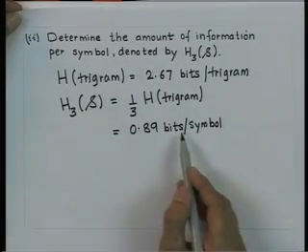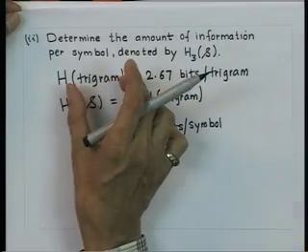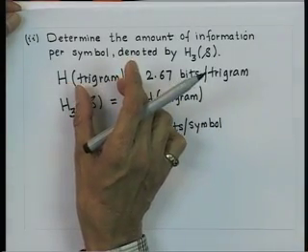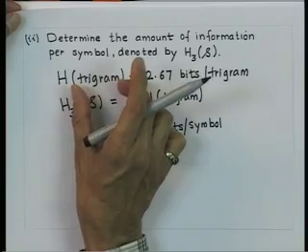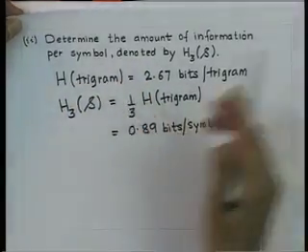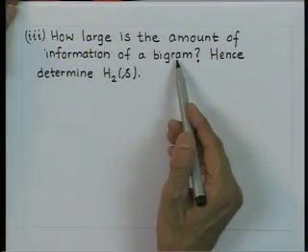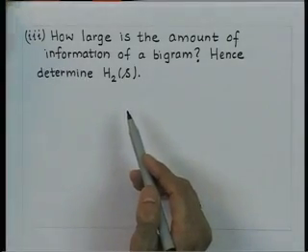Now, if I were to reduce these messages from length 3 to length 2, what happens to the amount of information? To answer that question, let us solve this. Next I am interested in how large the amount of information of a bigram is, hence determine H2S.